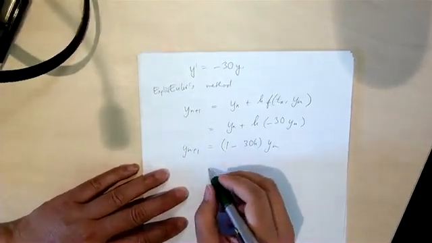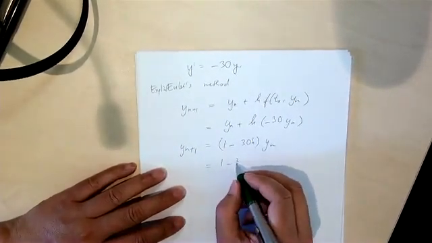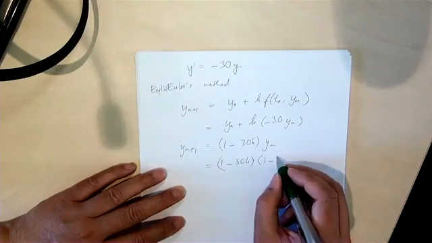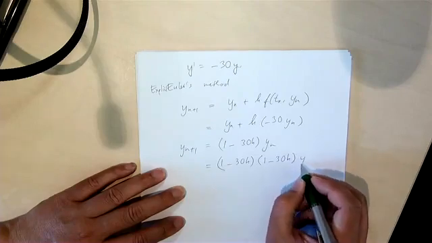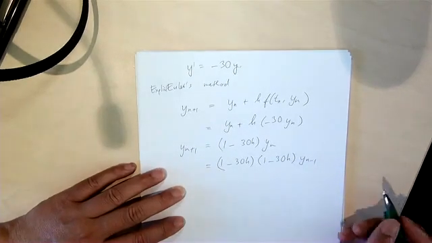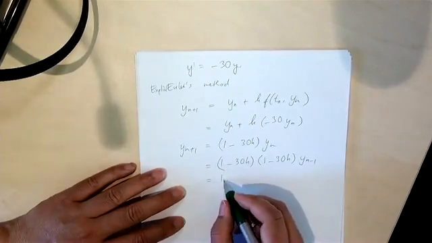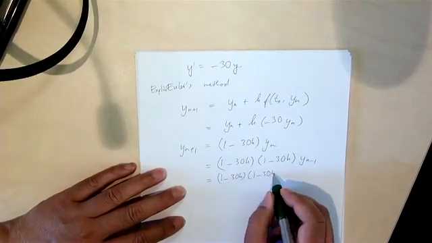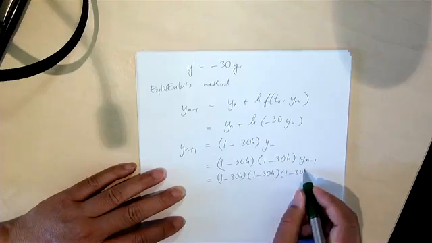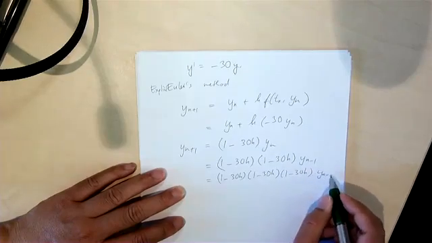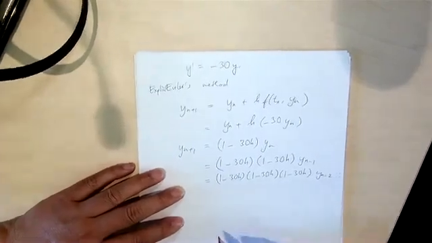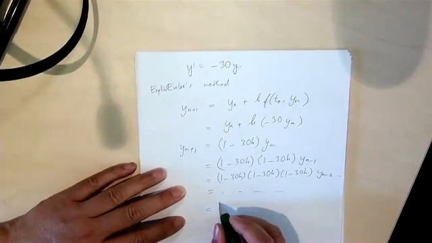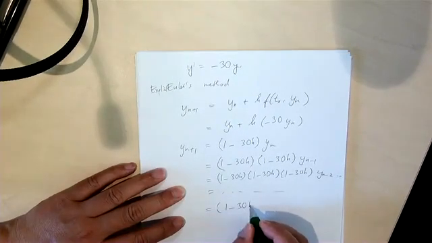Now you can do it again iteratively. So y n will be 1 minus 30h times y n minus 1, and so on. So it will be 1 minus 30h, 1 minus 30h, 1 minus 30h, y n minus 2, and so on, so you can go back to y0. Now make sure what is the correct power here.